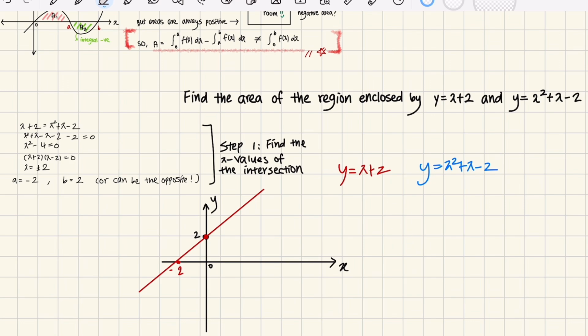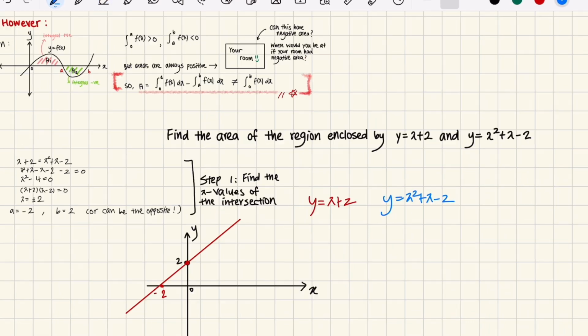Then we're dealing with this graph now. To make this process easier and simpler, this equation can be written as this using reverse FOIL. Now we know that the x-intercepts are x equals -2 and x equals 1. So we have them here and here.